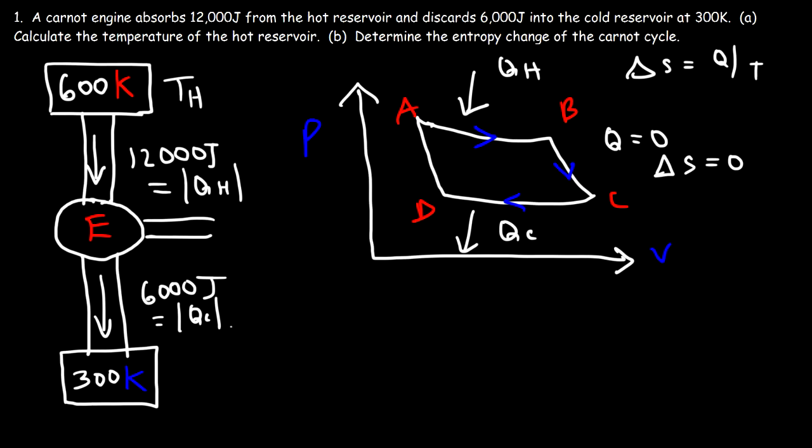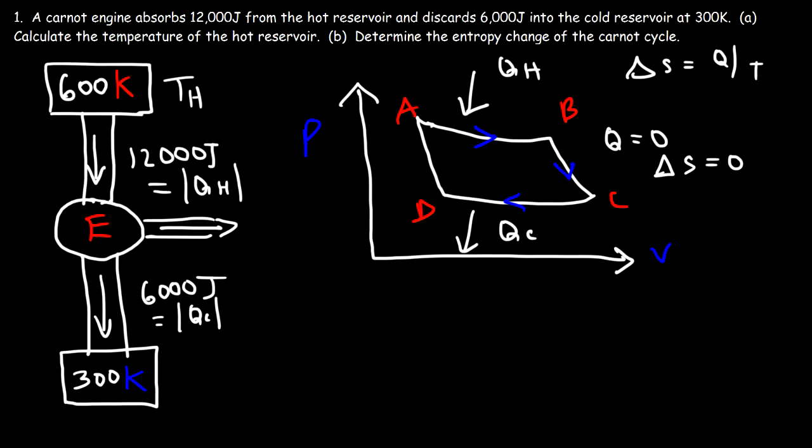Now because we have a cyclic process, the net entropy change should be 0. Keep in mind that this system does work, and the work is the difference between these two values. So the mechanical work is 6,000 joules.